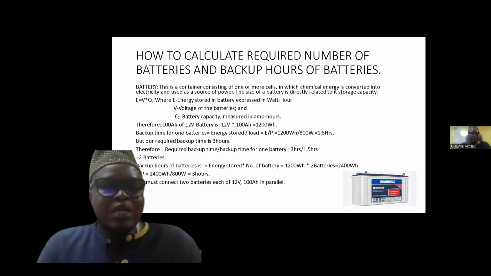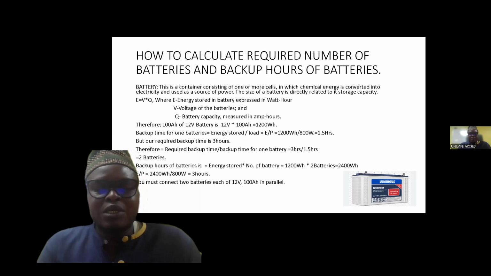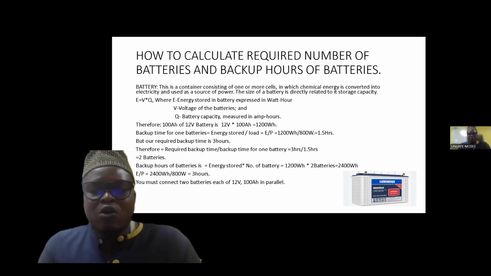Therefore, for us to calculate the backup time of this very particular battery, we have to first of all know in our design what the days of autonomy are in the area where we want to do the installation, where we might not have enough sun to charge the solar system. So we need 3 hours in this scenario for our backup hour.